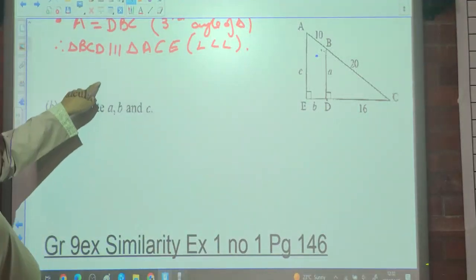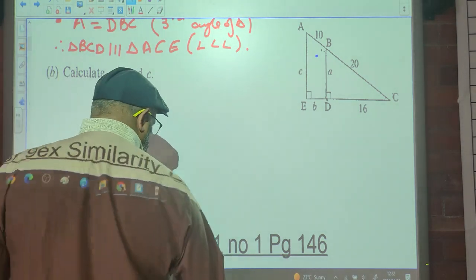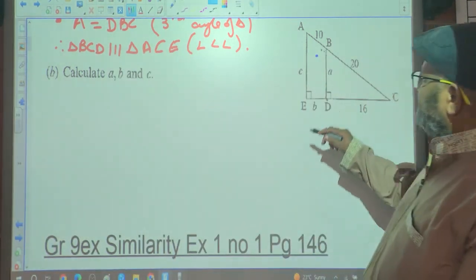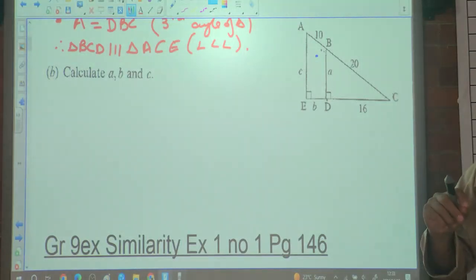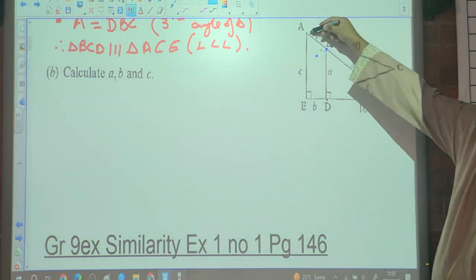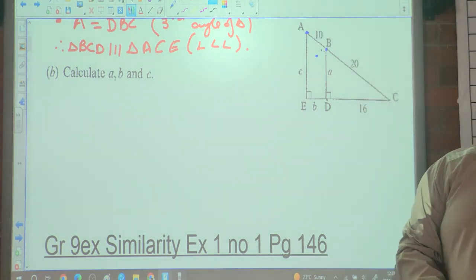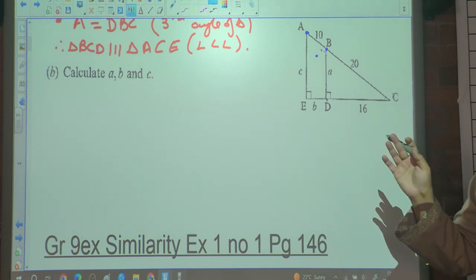Looking at B, B says calculate the length of a, b, and c. Lowercase a, b, and c refers to lengths. Capitals refer to the vertices. You guys understand? So that point there is B, that point there where the lines meet is A, and so on. You guys understand? You got at the back? Are you okay?